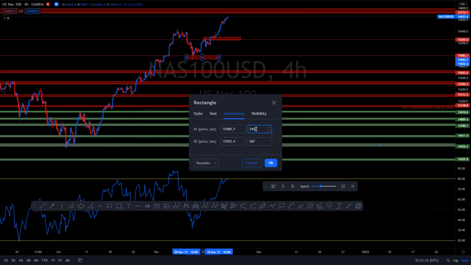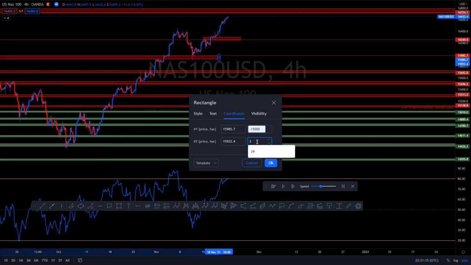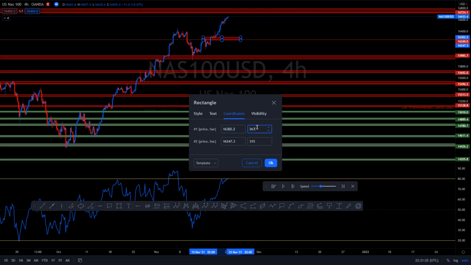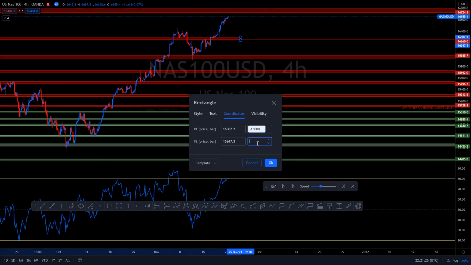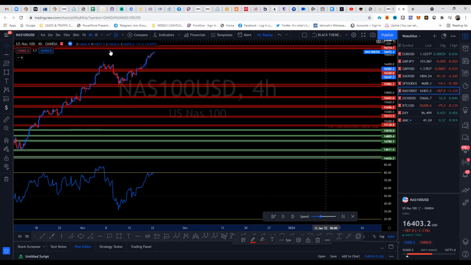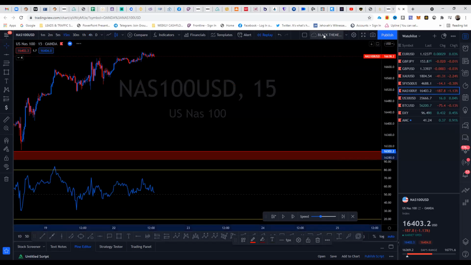We'll see how it looks on the 15-minute, but it should line up just about as perfect as possible. All right, so we marked up everything on the 4 hours. Let's go to the 15 minutes, see where we're at.